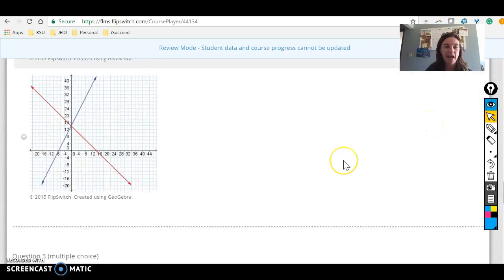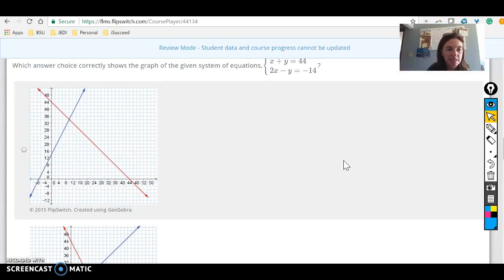So based on that, I can go up and I can say where the two lines intersect, that will give me the coordinates for who is my culprit. So this is saying that if I follow this down, my x coordinate is 10 and my y coordinate is 34.